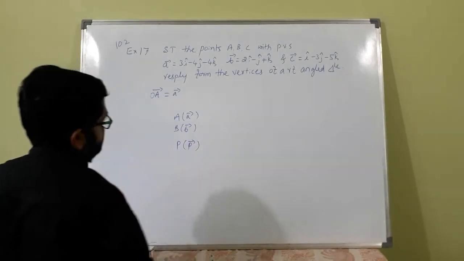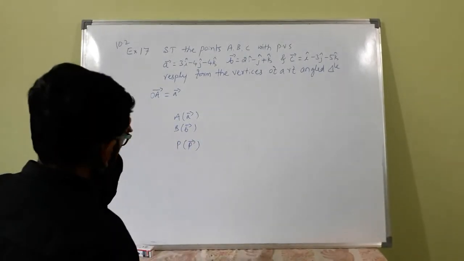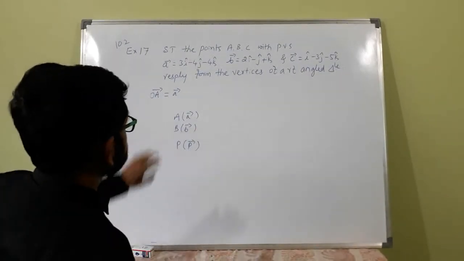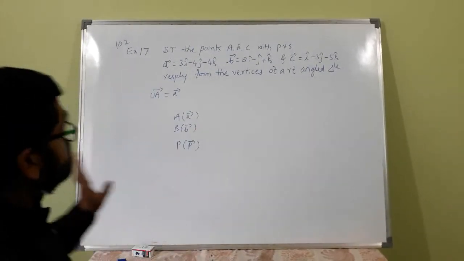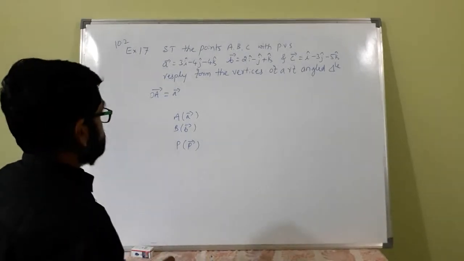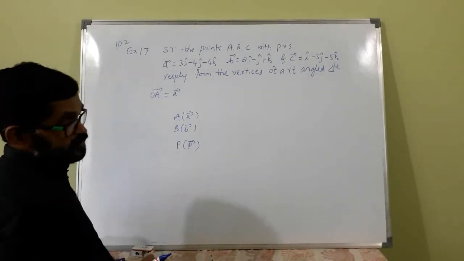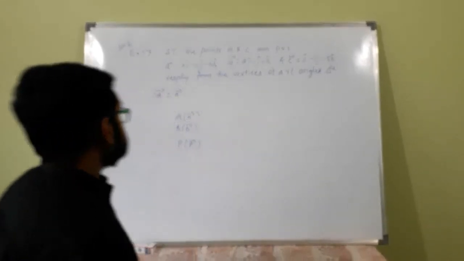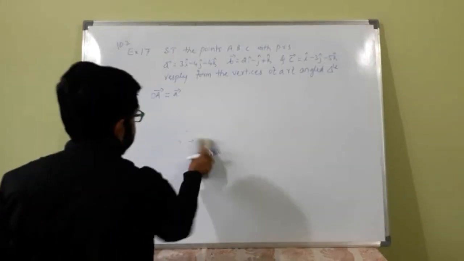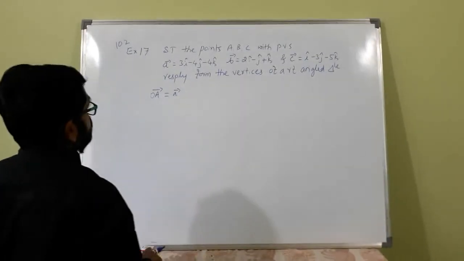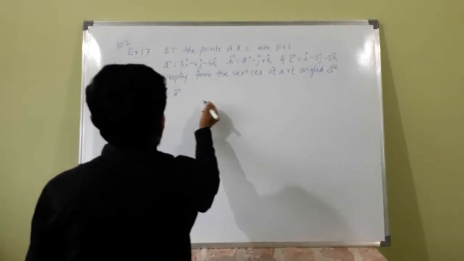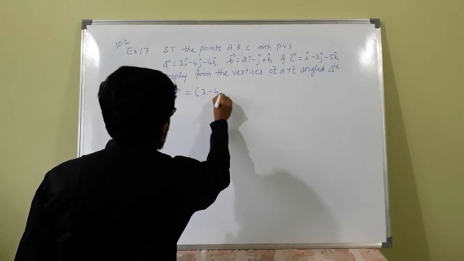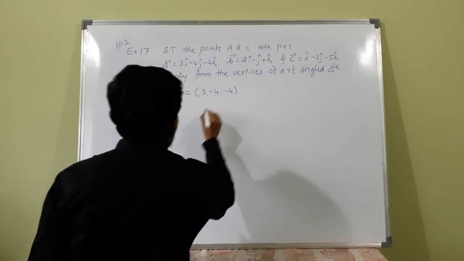Some authors use this standard notation instead of writing the sentence, but don't construct abbreviations and shortcuts yourself as you do when texting messages. OA is a, that is 3, minus 4 and minus 4.